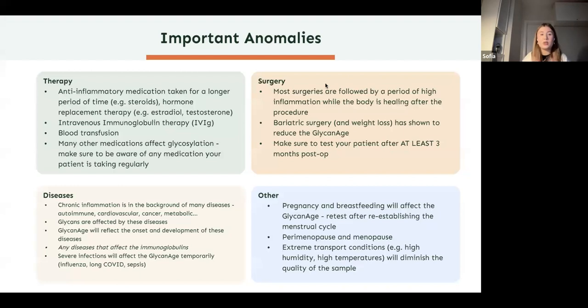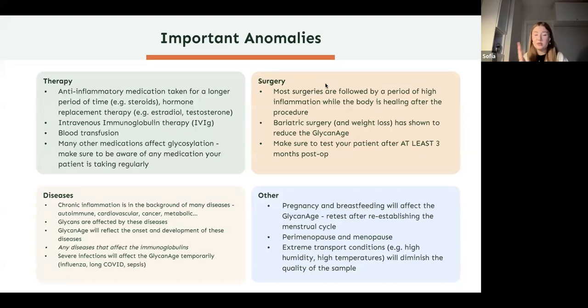Surgery is another thing which we haven't spoken about previously in the previous slides, but what we do know is that most surgeries are followed by a period of high inflammation while the body is healing after the procedure. So for example, an interesting fact is that patients who underwent bariatric surgery and consequently weight loss, it does reduce their GlycanAge.